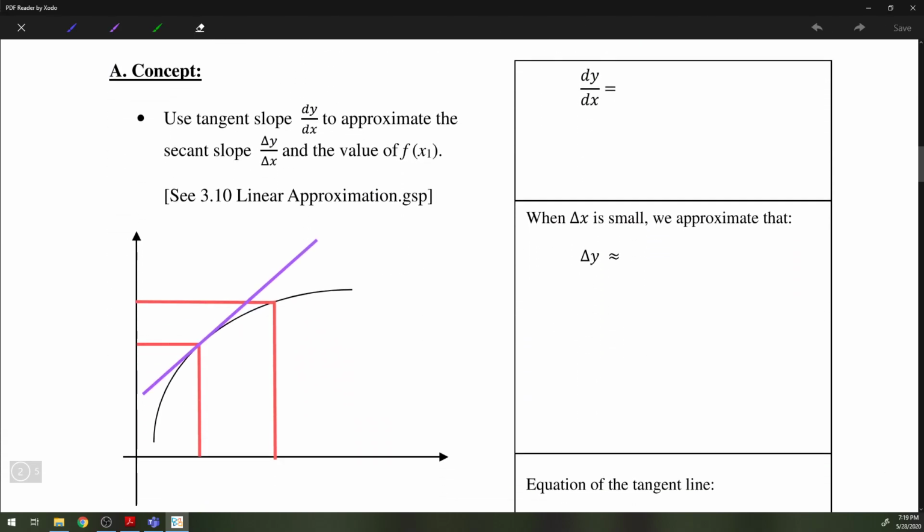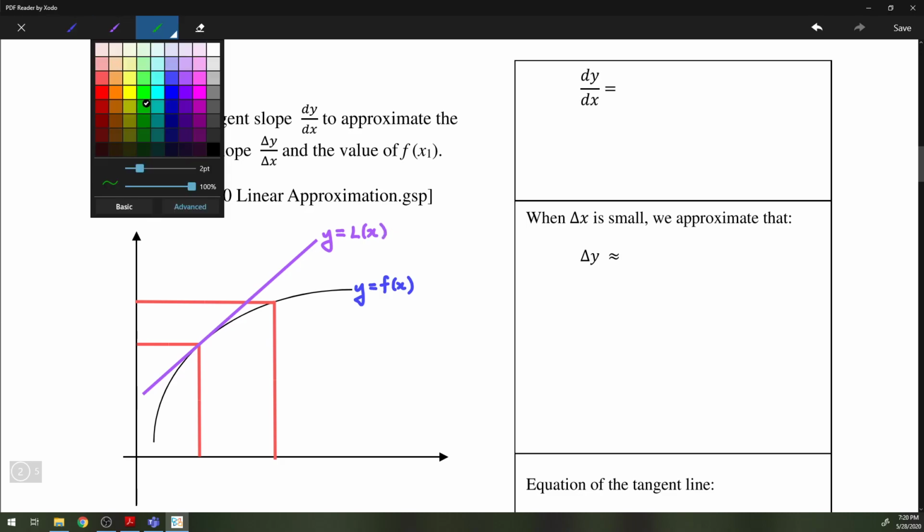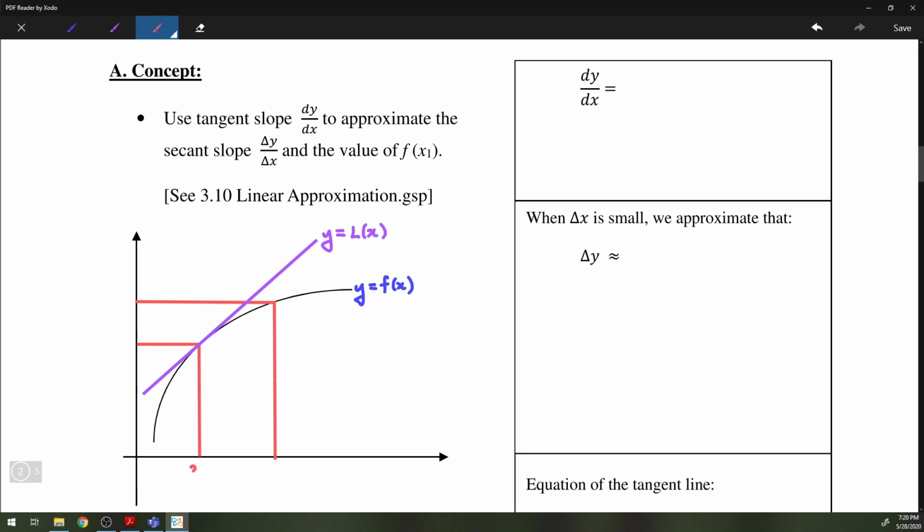Once again, we have the curve y equals f of x, and then we have the tangent line y equals L of x. We're given two different x values here: x naught and x1.